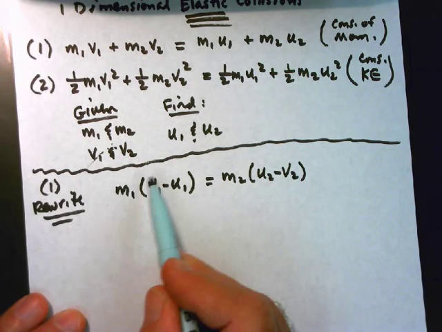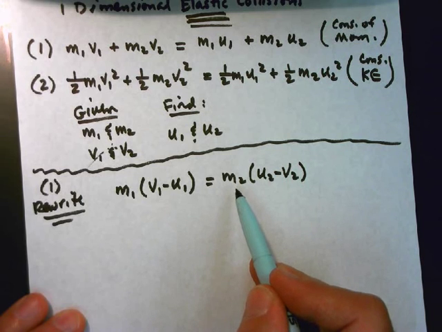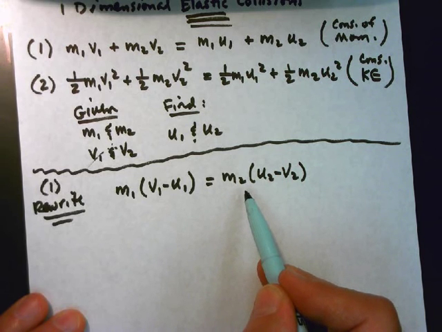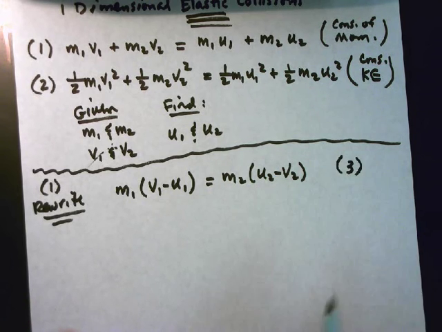You can see this is just a change in momentum of mass 1, and this over here is the change in momentum of mass 2. We can call this equation 3. It's just a rewrite of equation 1.